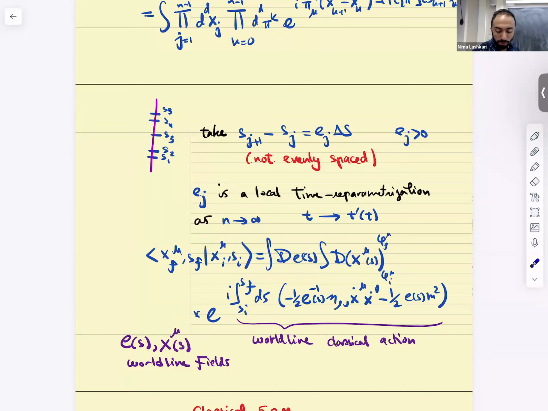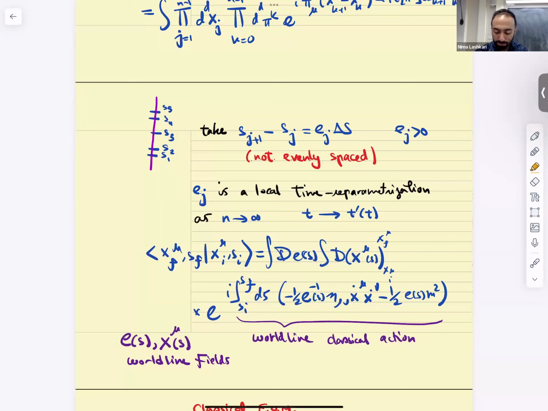There's a path integral over both of them with the appropriate initial conditions, but the action that you have inside the path integral has the following form: minus e minus 1 over e of s, eta_mu_nu x dot mu x dot nu minus half this guy. This is the action.